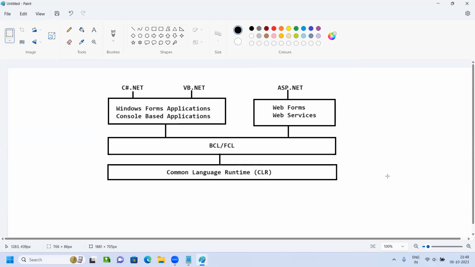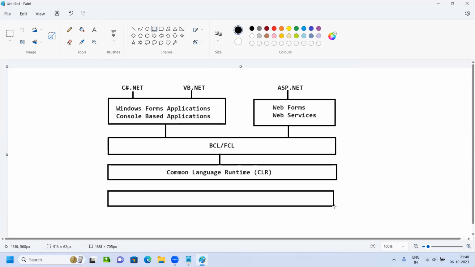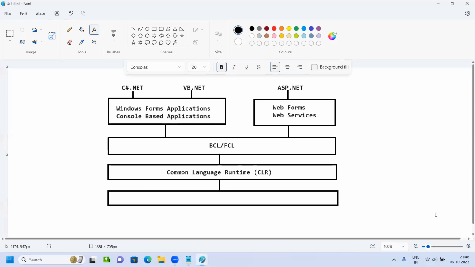And then finally, where is this CLR going to run the code? Obviously, it is an OS. CLR runs the code on what? I'll write Windows 7, 8, 10, 11. What are all these? Operating systems.